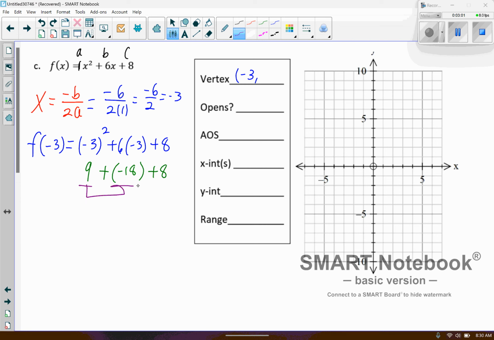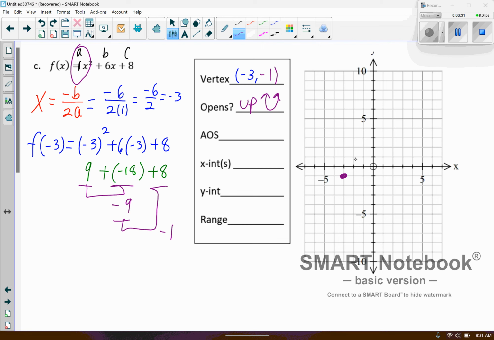That's -9, and then -9 plus 8 is -1. -1 right there. And so that would be the y value of my vertex. So my vertex is located over here at -3, down 1. So there's my vertex. And then I know it opens up because my a value is positive. So I know it's going to kind of look like this.